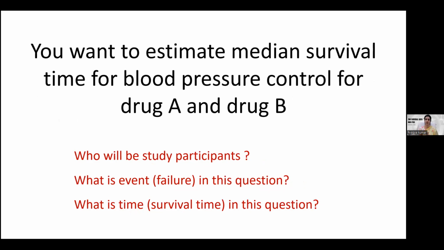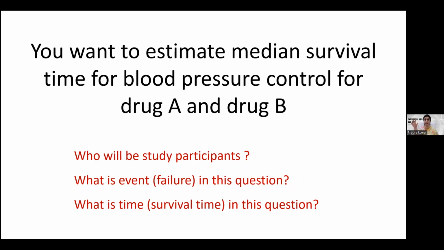Now, the third question: you want to estimate the median survival time for blood pressure control for drug A and drug B. In this case, who will be the study participant? What is the event or the failure in this question? Hypertensives, yes. What will be the event?